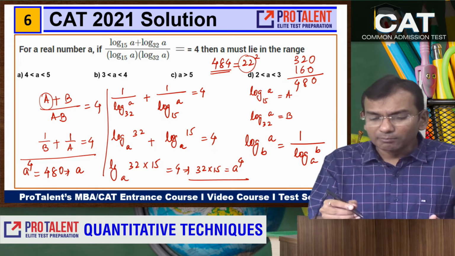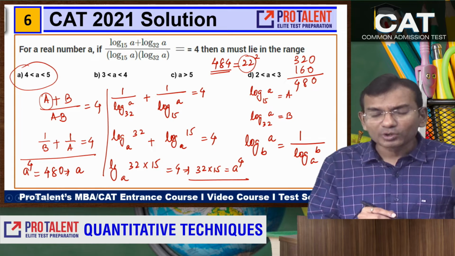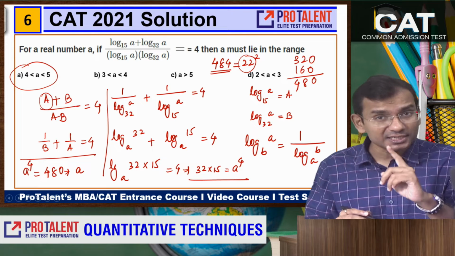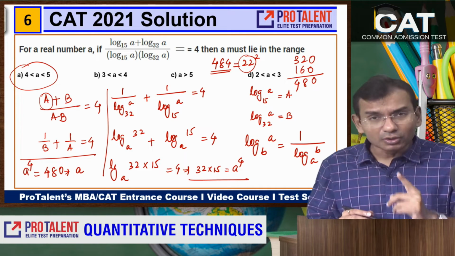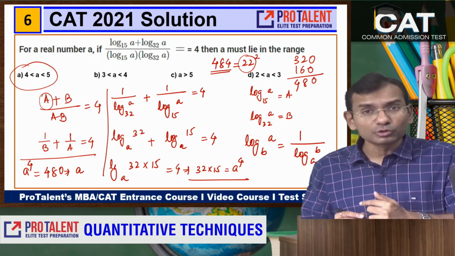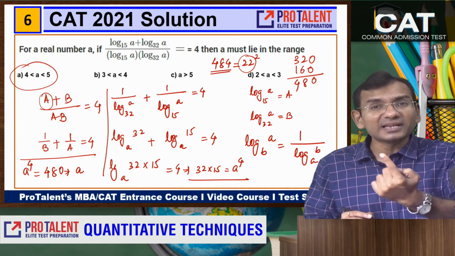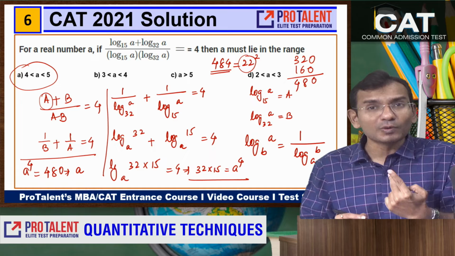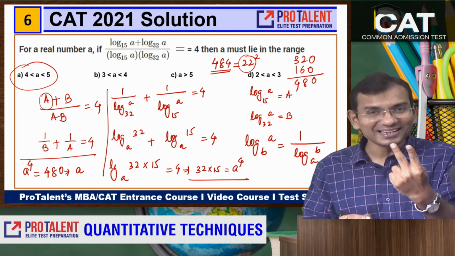Yes or no? So the number would be between 4 and 5. फोर्थ रूट करना था, सिर्फ स्क्वायर रूट नहीं करना था. a to the power 4 is equal to 480, fourth root. तो मैंने पहले स्क्वायर रूट किया, फिर वापस स्क्वायर रूट किया, 2 बार स्क्वायर रूट किया. ठीक है ना? चलिए बढ़िया.